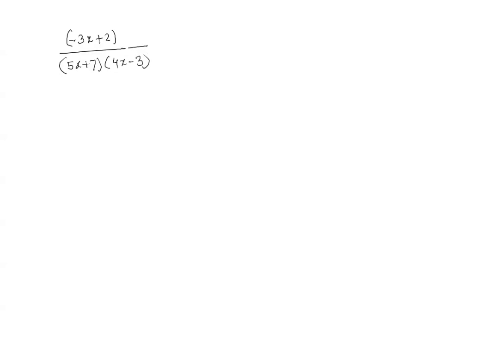So we are going to assume that this is going to be a fraction, very likely: A over 5x plus 7 plus b over 4x minus 3. Now nothing cancels here, so we should have a single value for a and a single value for b.